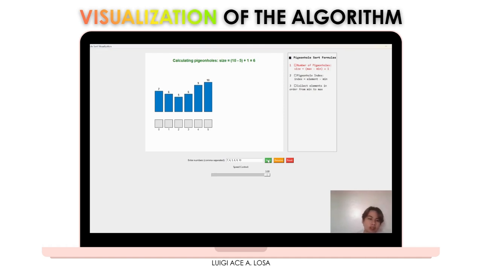Next, we place each number in its pigeonhole using the formula index equals element minus min. So we'll show you the visualization. 7 is placed in 2 and 6 is placed in 1. Why is 7 placed in 2?